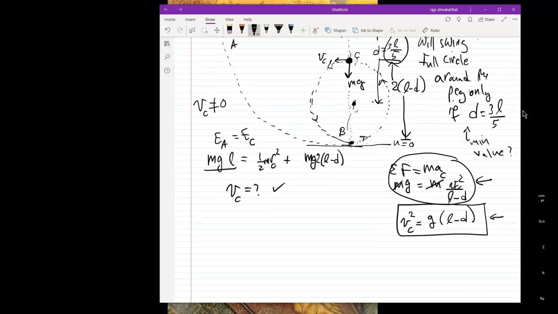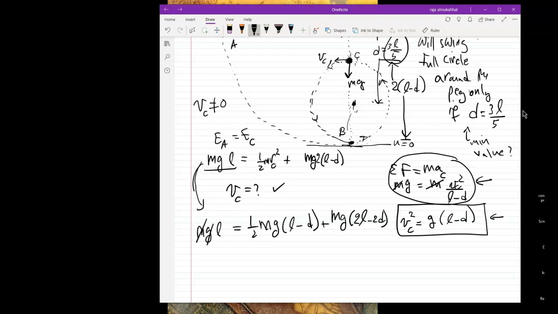Okay, so now I go back to my energy equation. So I have mgL equals 1/2 m vc squared, is that right, plus that mg(2L minus 2D), right? So the mg cancel out for all of them.